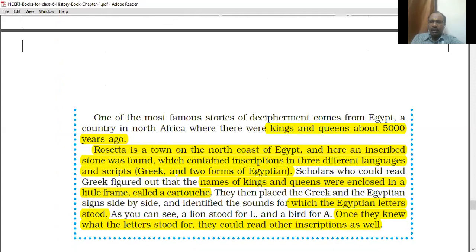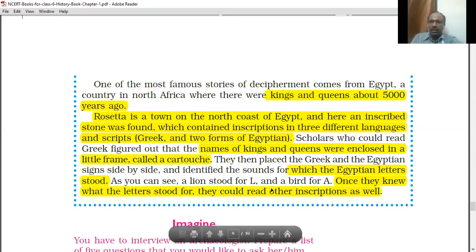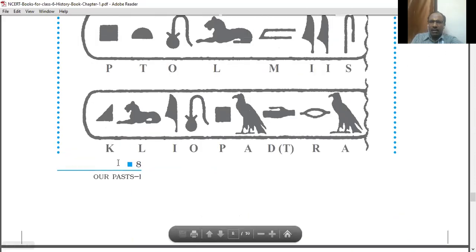Scholars who could read Greek figured out that the names of kings and queens were enclosed in a little frame called a cartouche. Greek and Egyptian signs side by side identify the sounds for which the Egyptian letters stood. As you can see, a lion stood for L and a reed for A.